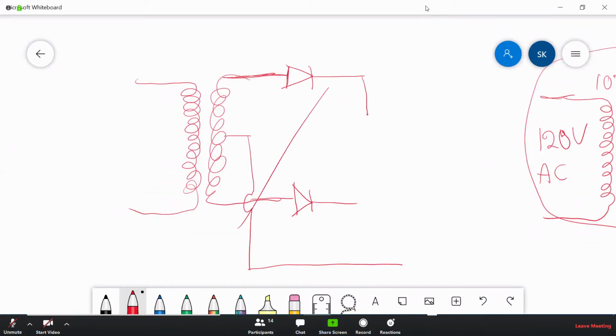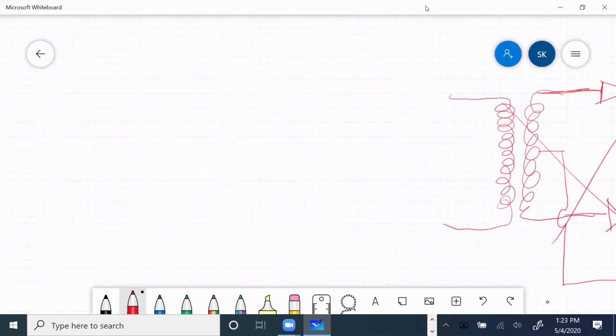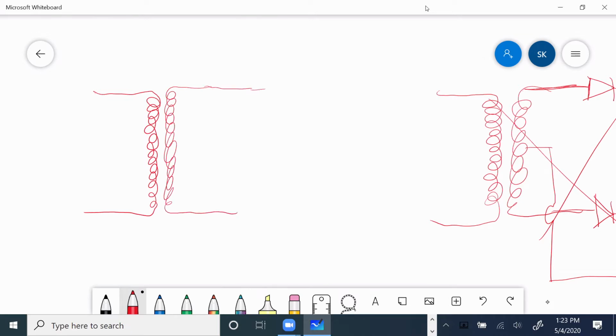I forgot how we connected the load, but okay, so I'm going to use the actual transformer that I used before, just like this, and now I am going to use 4 diodes.